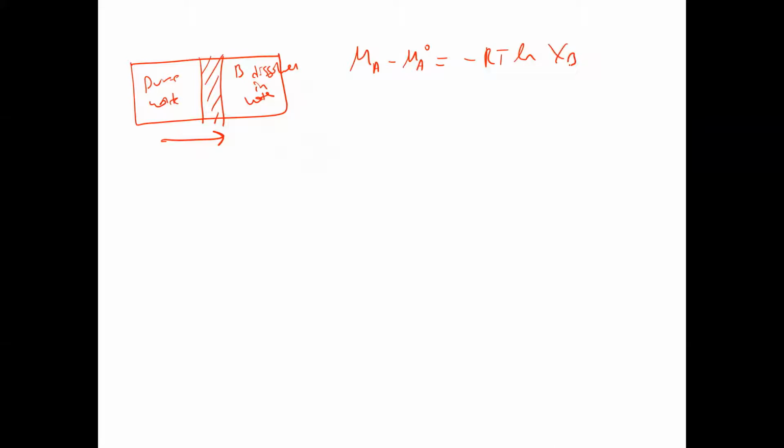Here, pure water exerts pressure in the water. Mu A minus mu A0 is equal to RT ln(1 minus XB). Actually, it is approximately minus RT XB. Why?